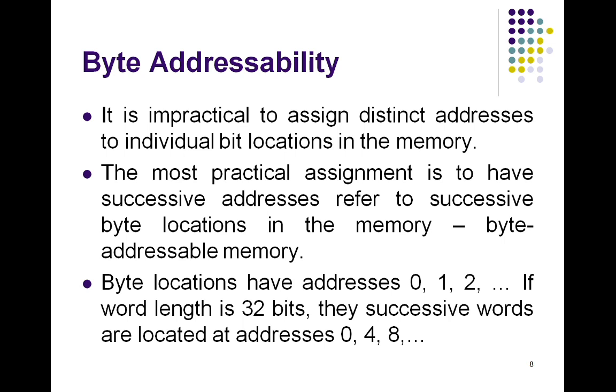So in case of a 32-bit computer, the word is of 4 bytes, where each byte is of 8 bits. A byte is always 8 bits, but the word length will typically vary from 16 to 64 bits. So it depends on the machine. If the word is 16 bits, then the word length is 16. If the word is 64 bits, then the word length is 64 bits.